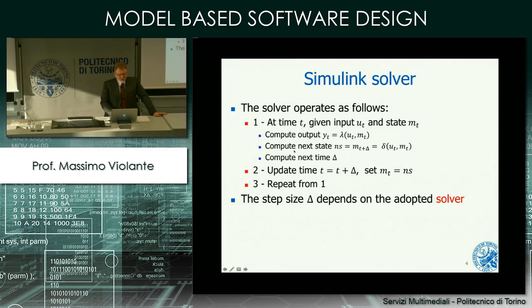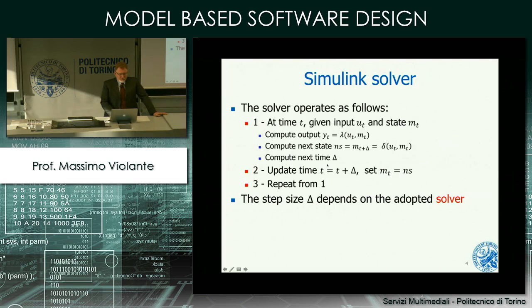Then the solver computes the next state. Starting from the current input and the current state, the state function will tell which is the next state that the model has to reach. And this is the value of the state at the next time. The next time is t plus delta.